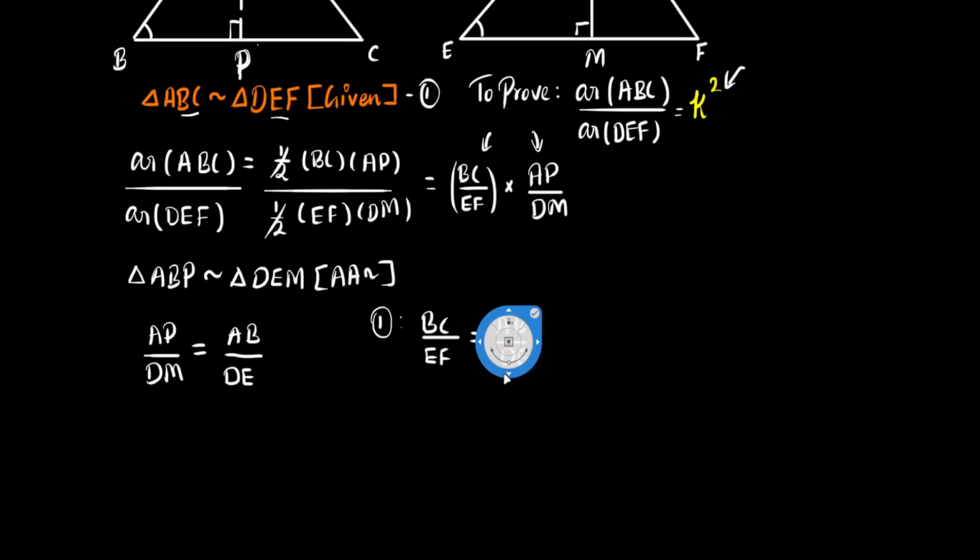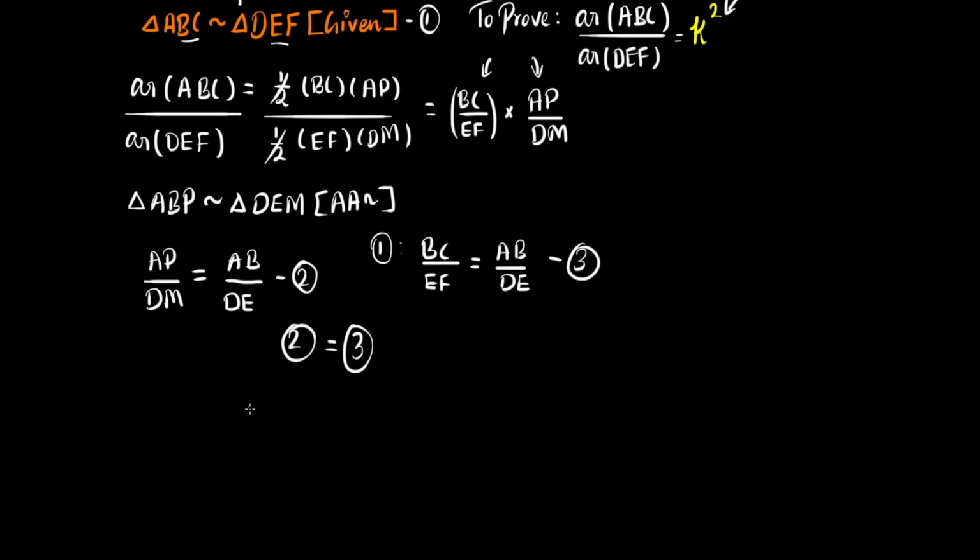So from that, we find that AP by DM is equal to BC by EF. If this is equation 2 and this is equation 3, then we just equate them and find that AP by DM is equal to BC by EF.